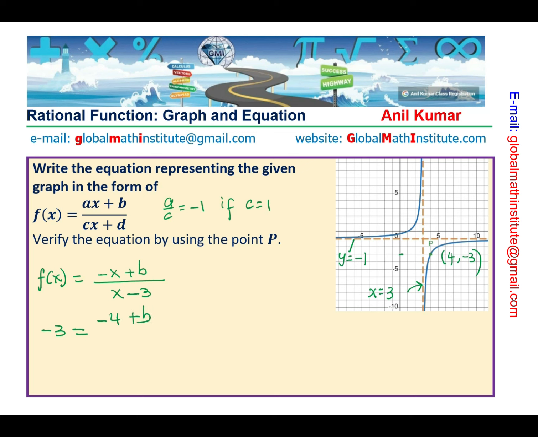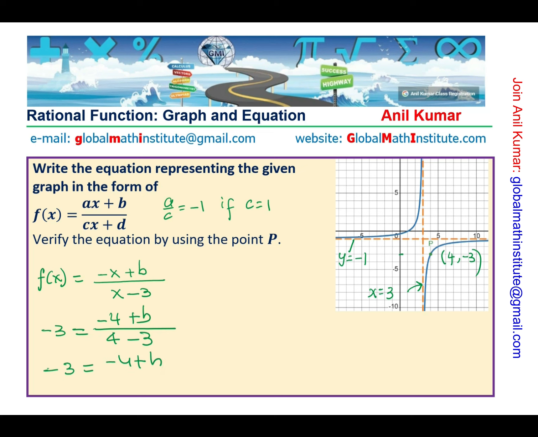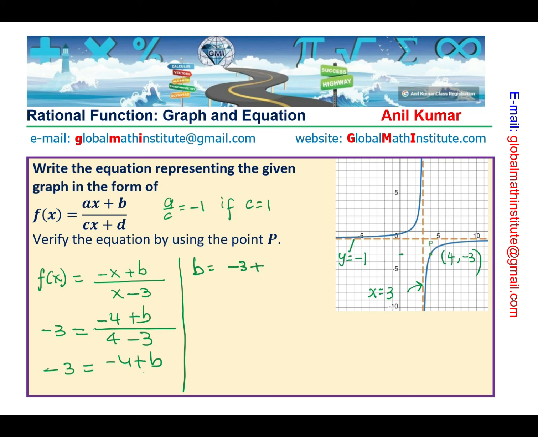We need to find the value of b, and here we have x as 4. So clearly we have an equation which is minus 3 equals minus 4 plus b, right? From here, we can take 4 to the right hand side, and that gives you the value of b as minus 3 plus 4, or 1. So b is 1, and therefore we get our equation, which is f of x equals minus x plus 1 over x minus 3.